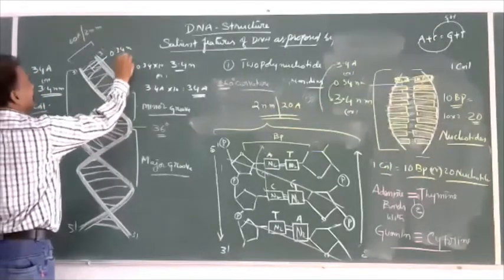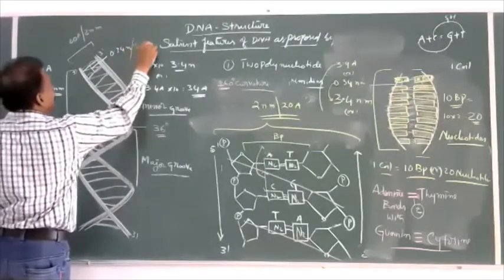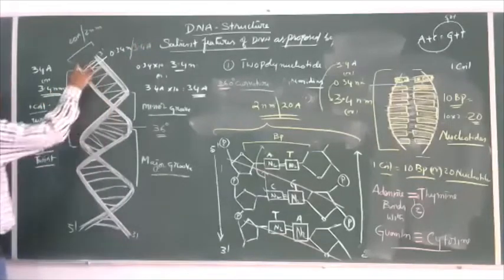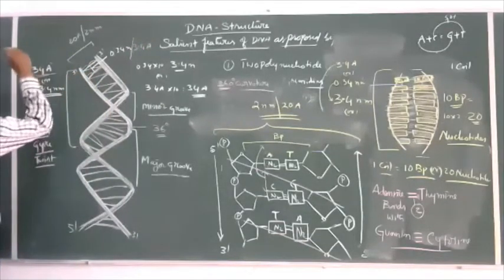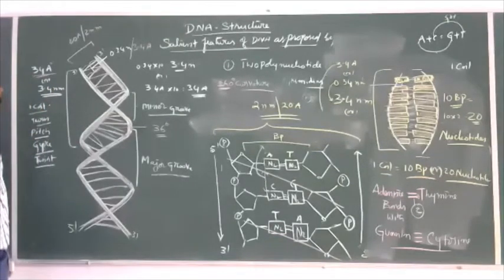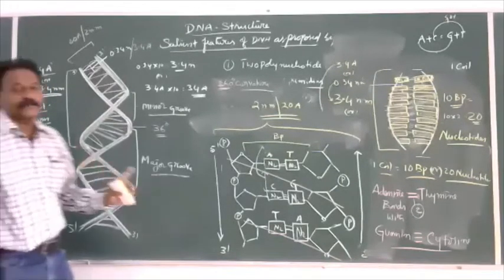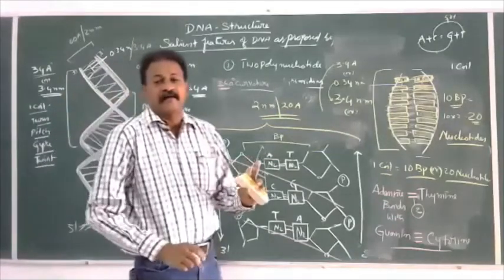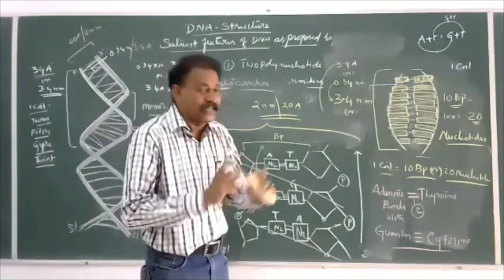The distance between base pairs is 0.34 nanometers or 3.4 angstroms. So a coil has 34 angstroms or 3.4 nanometers. In this coil, 10 base pairs are there, which is equal to 20 nucleotides.